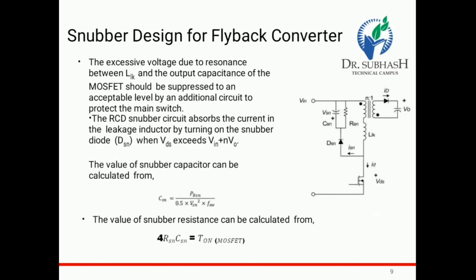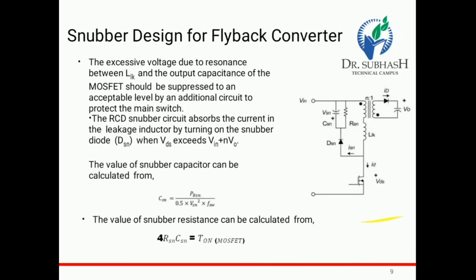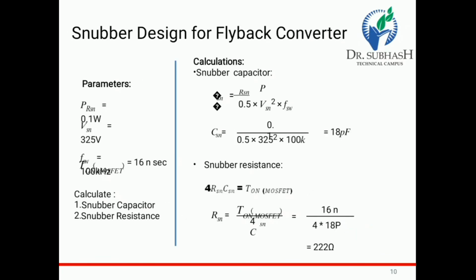Dear students, we know the equation of snubber capacitance: PRSN divided by 0.5 times VSN square times FSW. Each parameter is given: PRSN is 0.1, the factor is 0.5, VSN is 325 volt and FSW is 100.